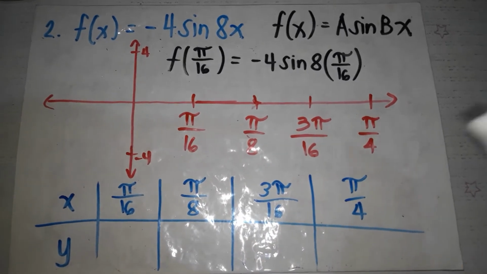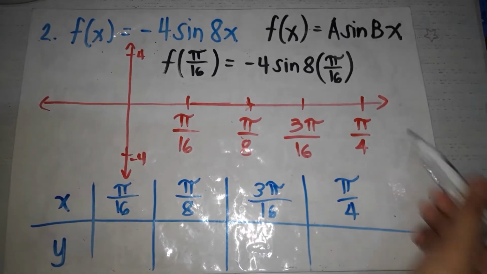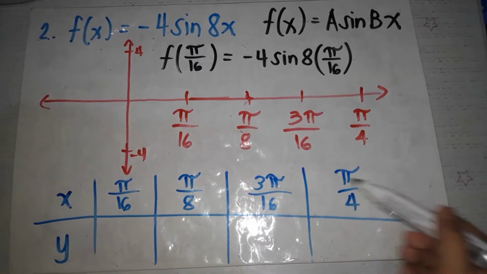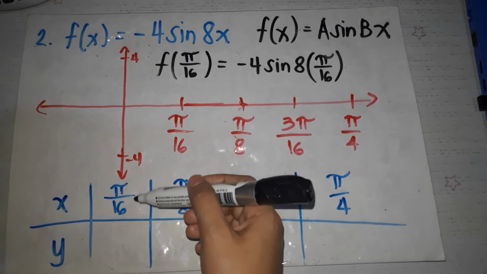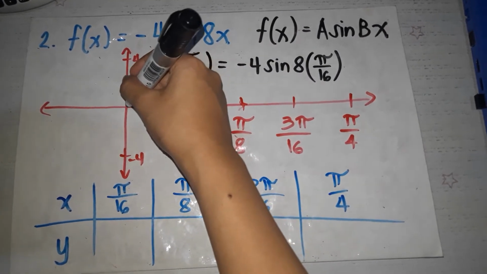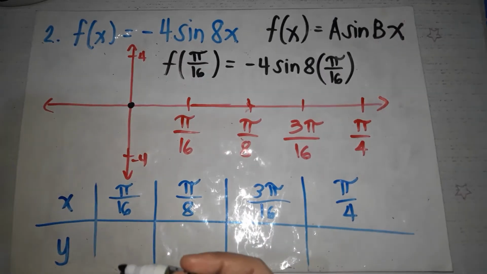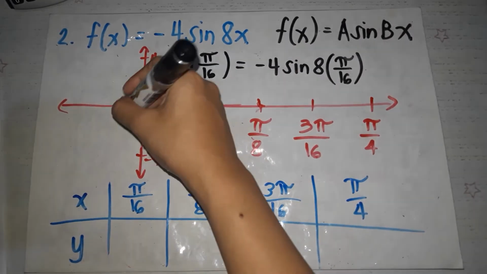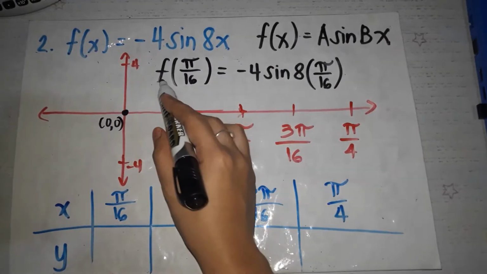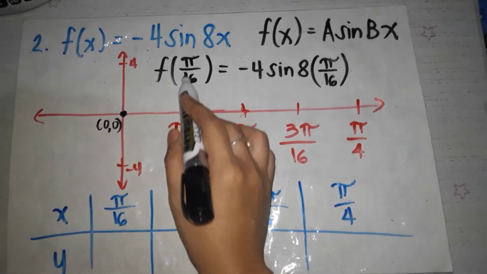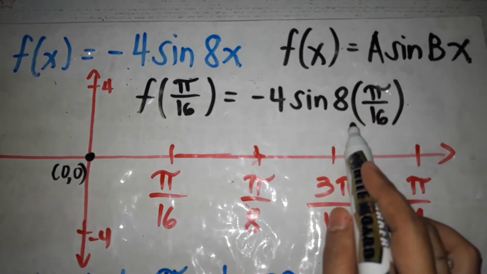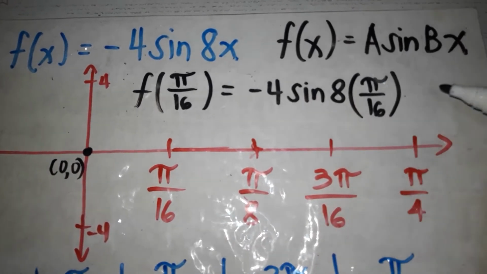Okay, let's proceed with completing the table of values for our graph. We'll just substitute the values of x, or the domain. We start with pi over 16. Actually, we may start with 0, but we already know that it will pass through the origin. So let's add that point 0, 0. Now, if we have pi over 16 as x, f of pi over 16 equals negative 4 sine 8 times pi over 16.